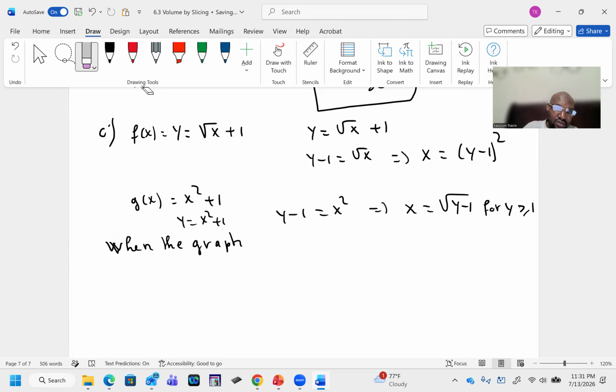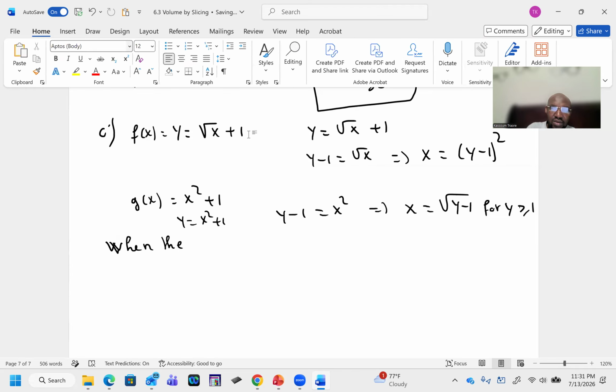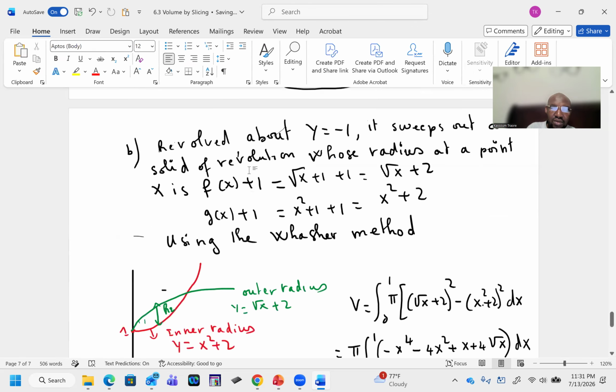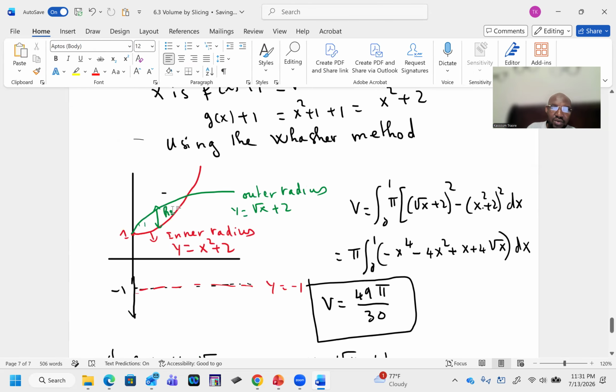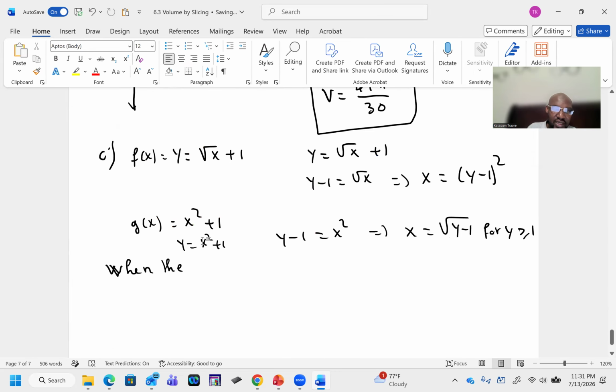Okay, hold on. So the region R2 now is revolved about the line x is equal to 2.